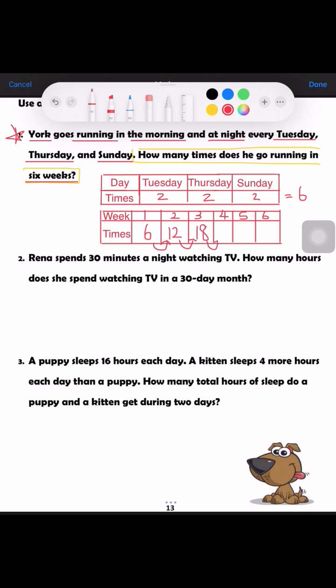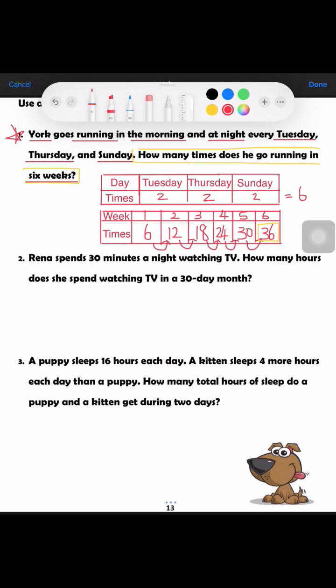And in 4 weeks, he goes 18 plus 6, which is 24 times. And in 5 weeks, it will be 24 plus 6, which is 30. And in 6 weeks, it will be 30 plus 6, which is 36. So he will go running 36 times in 6 weeks.